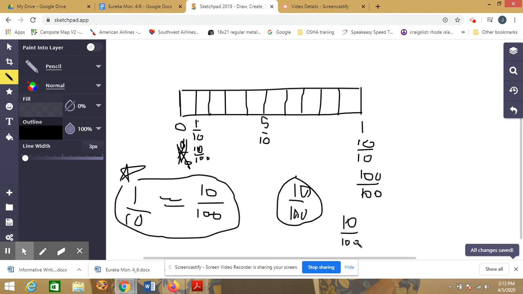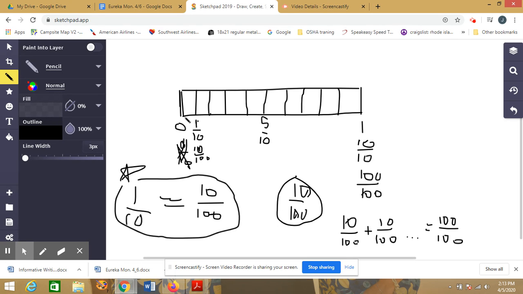Say we kept adding these. That would be 20. And then say we kept going all the way till we got to 100 hundredths, or 1 whole. It would take 10 of these 10 hundredths. And what that would look like on this tape diagram is, say we had each one of these tenth boxes.